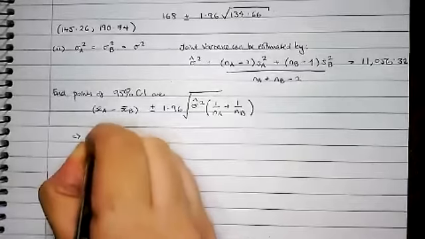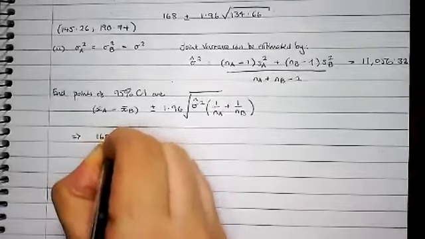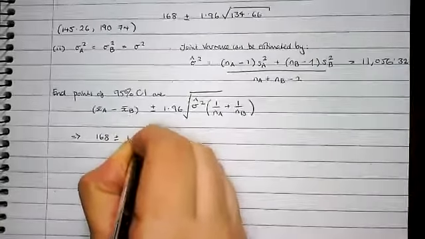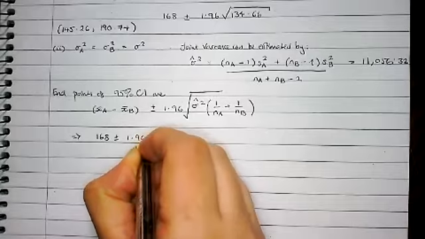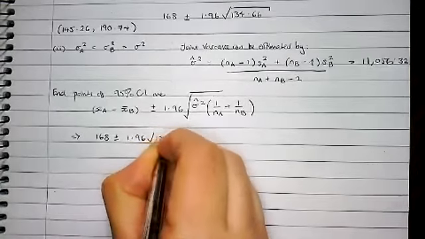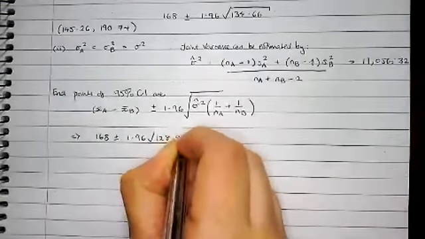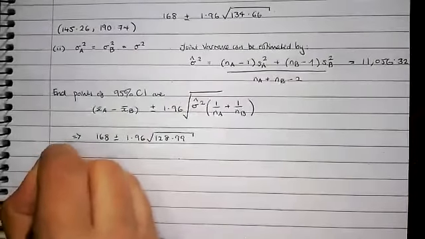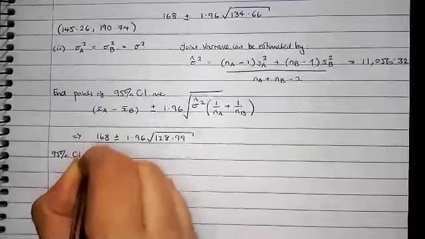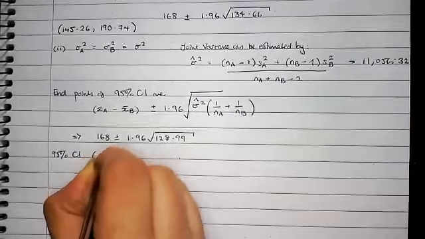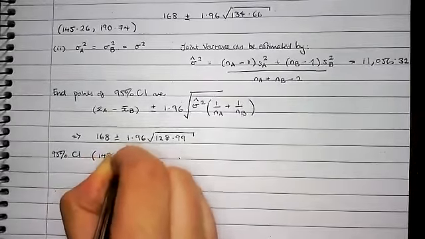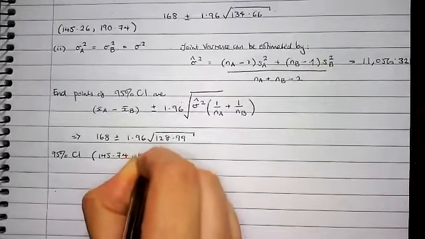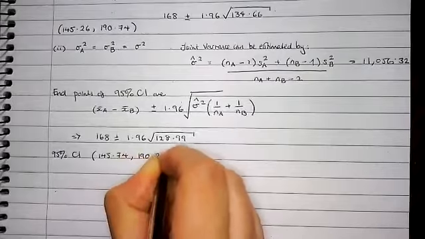Okay, if I used the values given to me in the question, I'd end up with 168 plus or minus 1.96 times the square root of 128.99, which means that my 95% confidence interval is 145.74 and then 190.26.